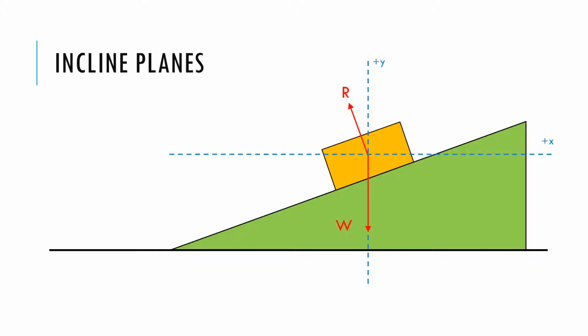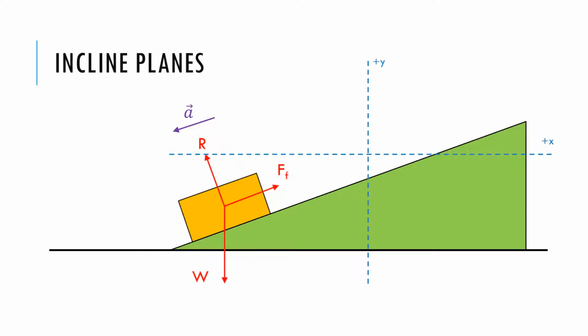But we have a normal force, and the normal force is different now because the normal force is perpendicular to the surface. You want to remember the normal force is the force from a surface, and so the surface is pushing against the box at an angle based on the angle of the ramp. So it points directly away from the ramp, perpendicular to the surface of the ramp.